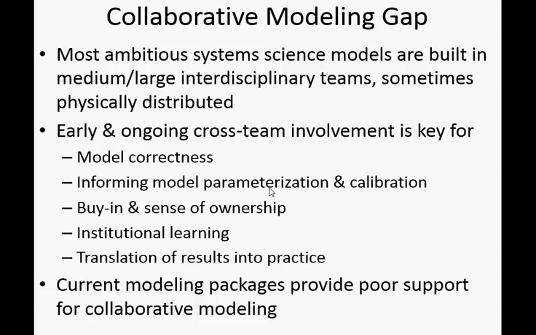And the actual model is a way of helping the team communicate with each other in many cases. Having involvement in that model across the team is really important for model correctness, for bringing people able to say this is wrong in the model, to help inform the values of parameters used in the model, to get a sense of ownership by people such as clients with the model. It's really important for them to be able to look at the model.